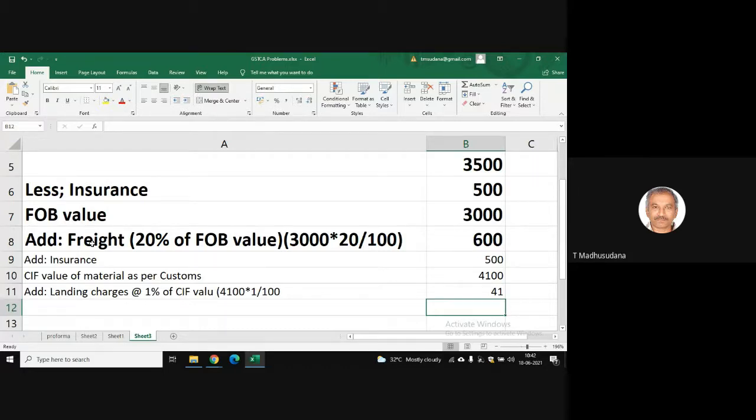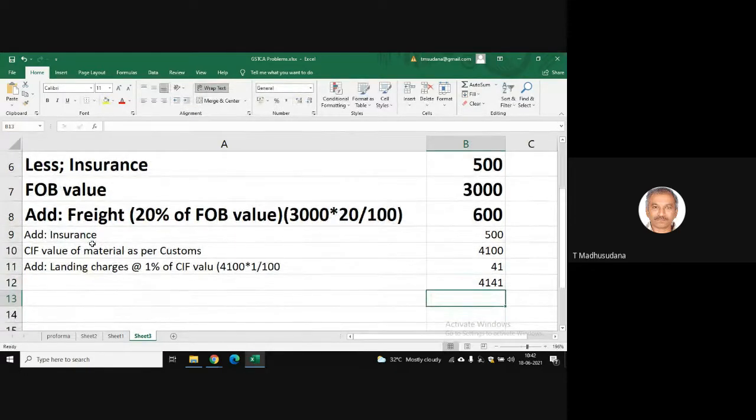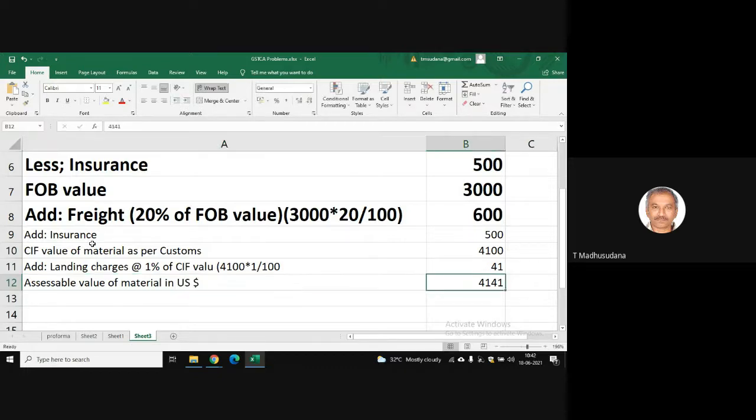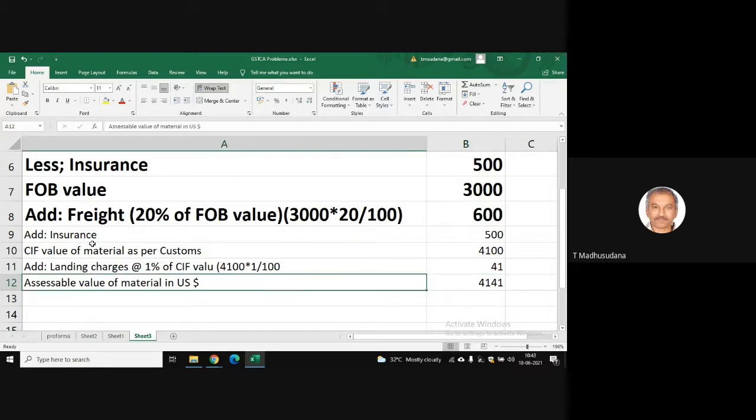So if you add these 41, 4,141 US dollars is the assessable value of material in US dollars. You please remember, these are US dollars. So therefore, this is the assessable value of material in US dollars.